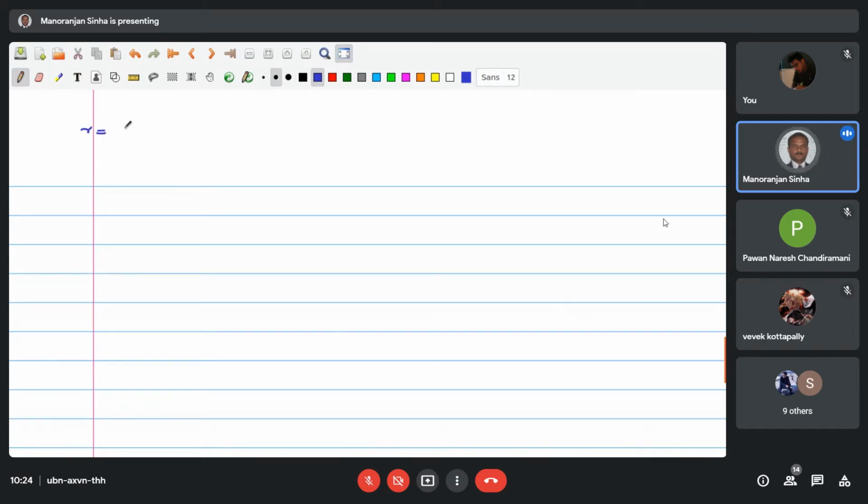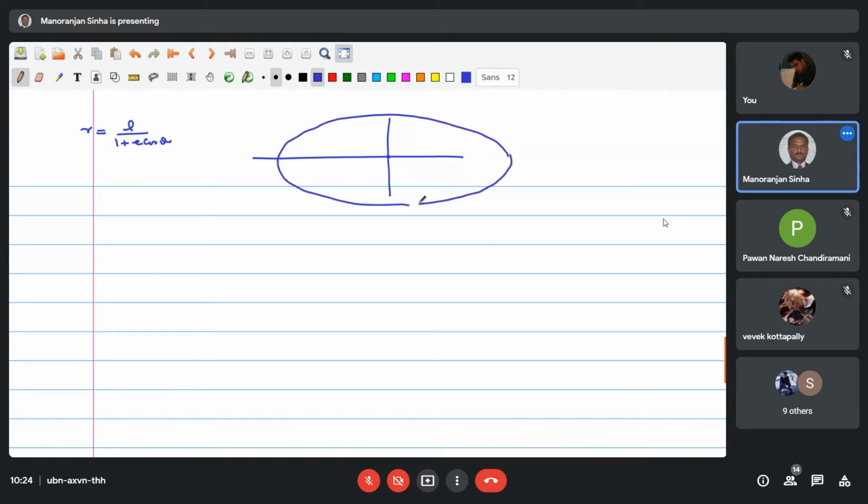In the conic section equation, we have r equals L by 1 plus e cos theta. This is the focus, and say this point is here, this is b and this is p. This angle we write as theta. This is known to us, this quantity is a, and these are the information available to us.